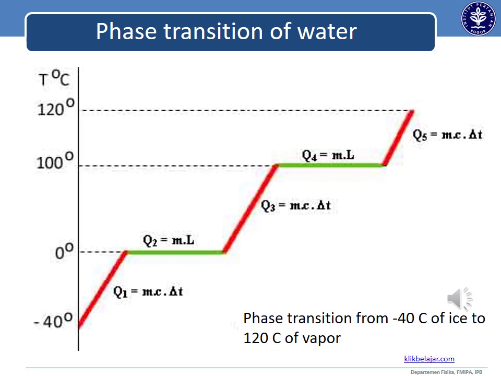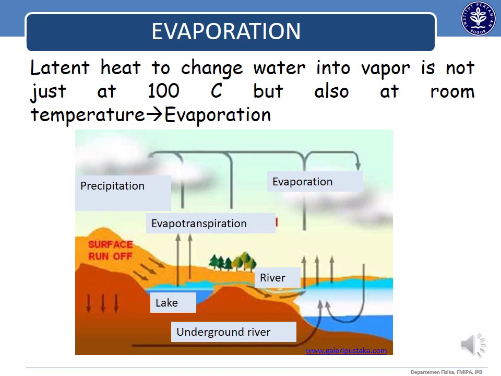So the heat needed for this process is mcΔT. m is the mass of the water, c is the specific heat of the water vapor, and ΔT is 20 degrees Celsius. So you have to sum them up to get the total heat needed to convert minus 40 degrees Celsius of ice into 120 degrees Celsius of vapor.